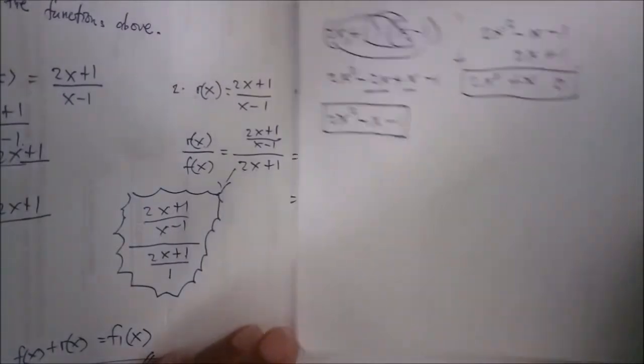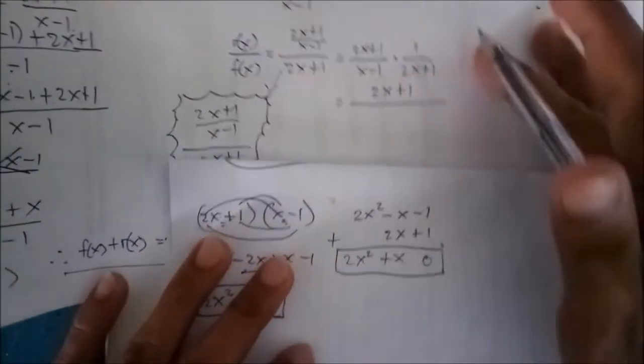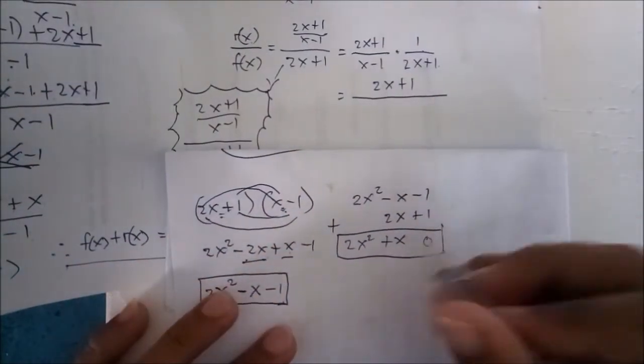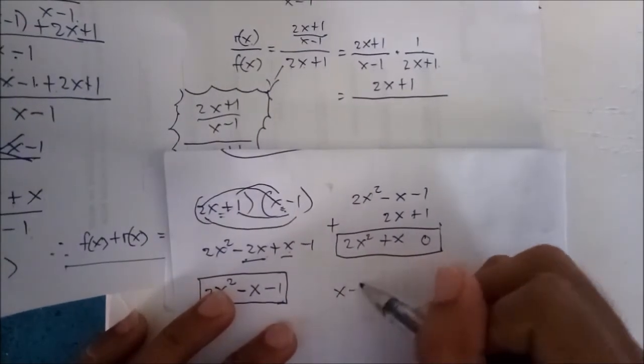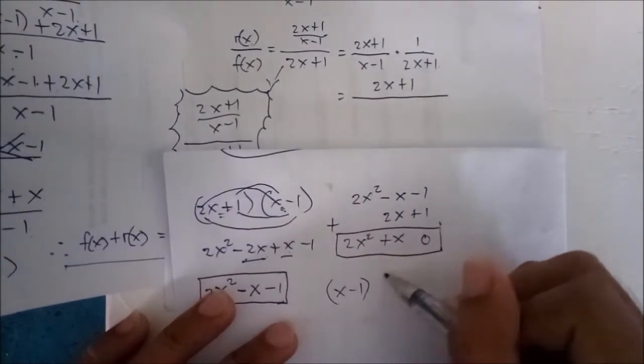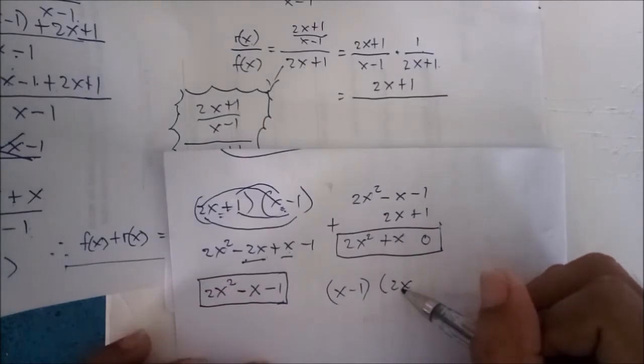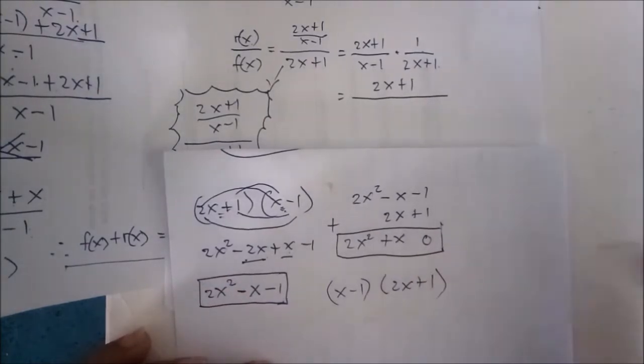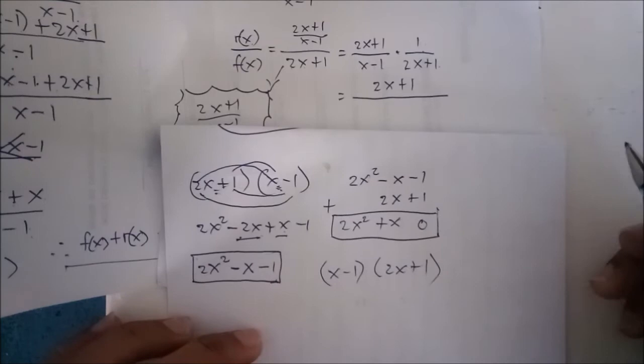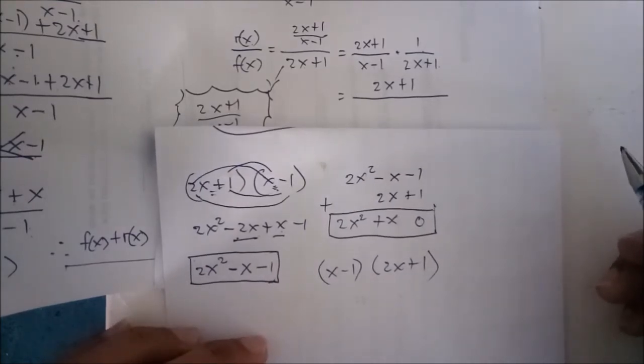What is the answer? So now let's try to multiply the denominator. So x minus 1 times 2x plus 1. How to multiply? We will use the distributive property.